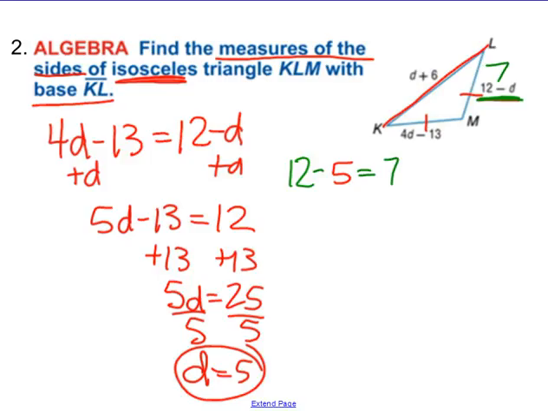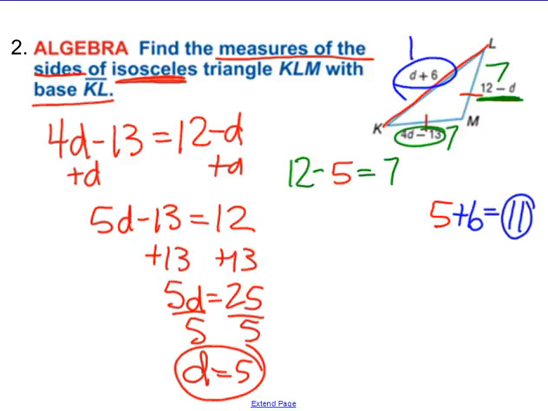Well, the beauty of it is I don't have to plug it into this side over here because those are the same. So I'm going to say this side is 7. And if I look at the base now, I'm going to plug the 5 into that. 5 plus 6 equals 11. So that's this side right here. So you have all of those sides.